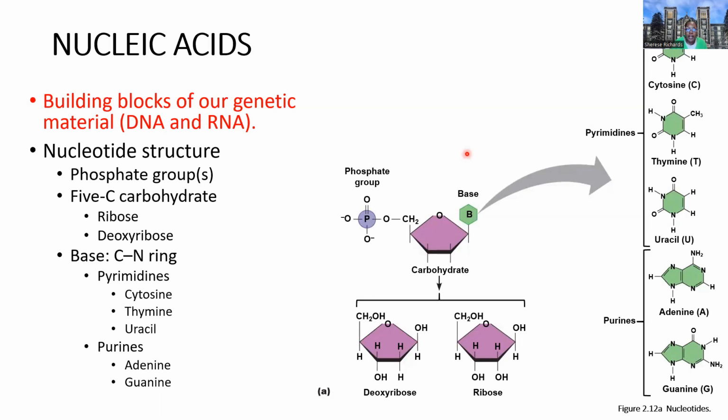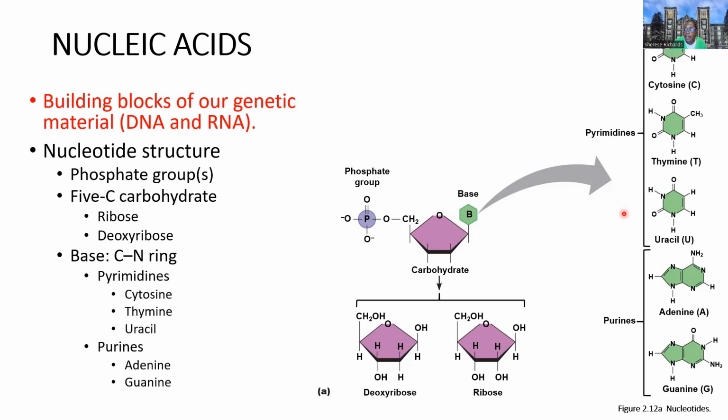The examples here are nucleotides, and nucleotides are essentially a phosphate group bound to a carbon ring and then bound to a nitrogenous base. And the nitrogenous base, whether it's a single ring base or a double ring base, will determine the type of nucleic acid that we get.